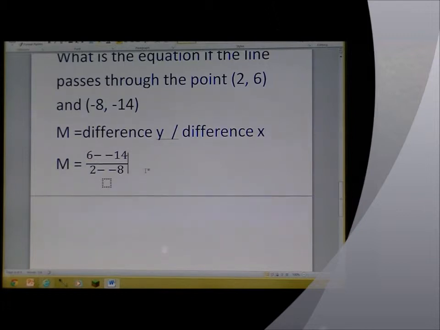Now I know that a negative times a negative is a positive. So I'm going to change this to 6 plus 14. I think I better put parentheses in.